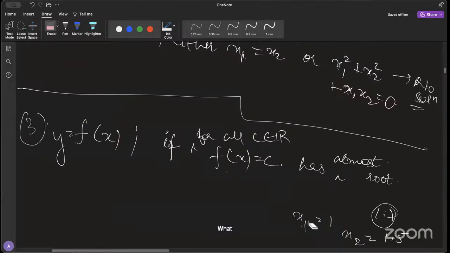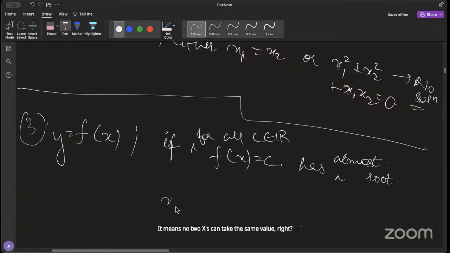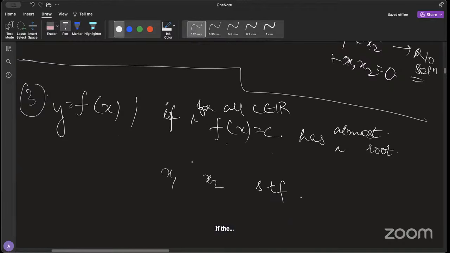It means no two x's can take the same value, right? If there were two x's, x1 and x2, such that fx1 is different... When do we have a function not 1, 1? Not 1, 1 is when, for two different x, fx1 is equal to fx2, right?